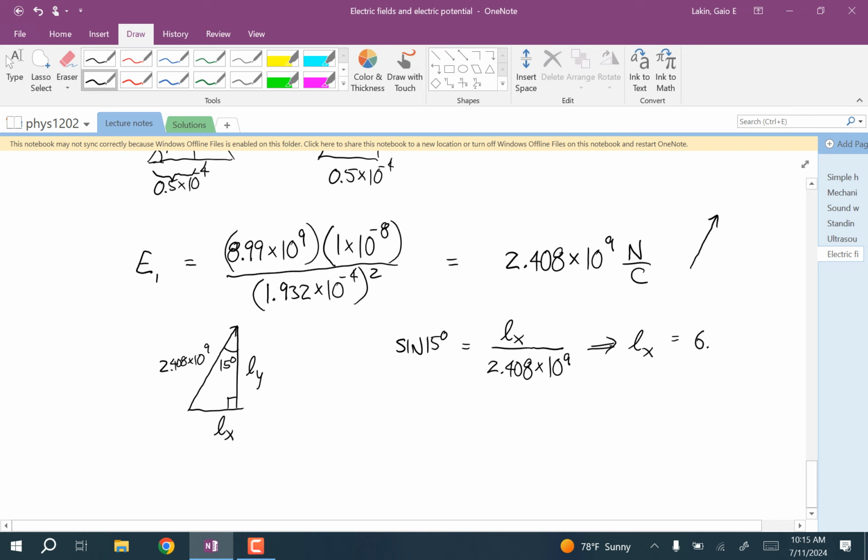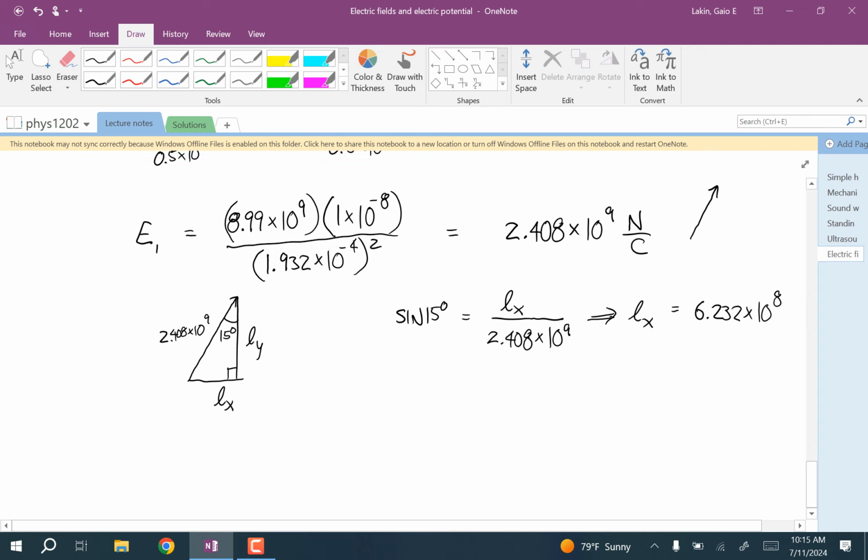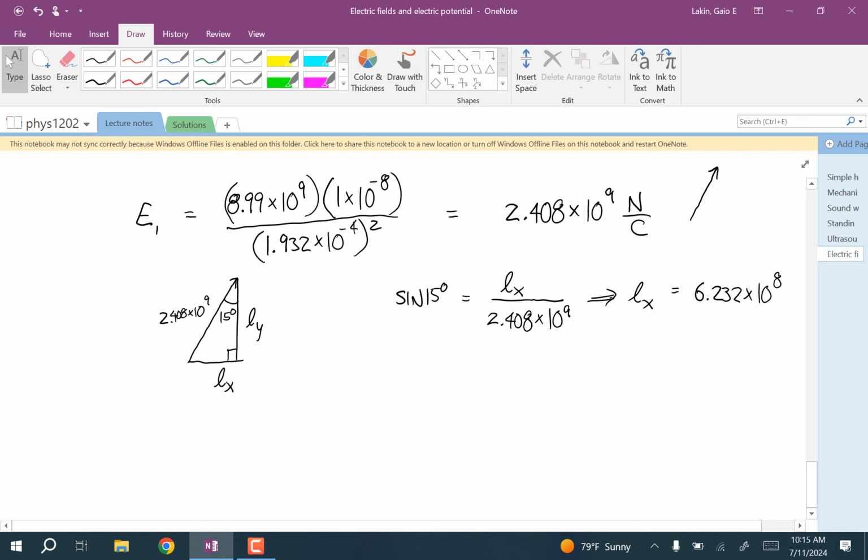And so you get 6.232 times 10 to the 8th. Now to think whether that's positive or negative, think about, is this hypotenuse, the vector, less than 90 degrees or greater than 90 degrees from the positive x-axis?